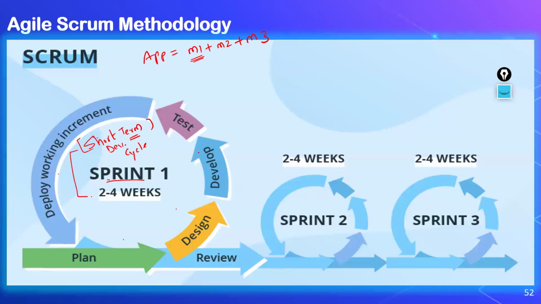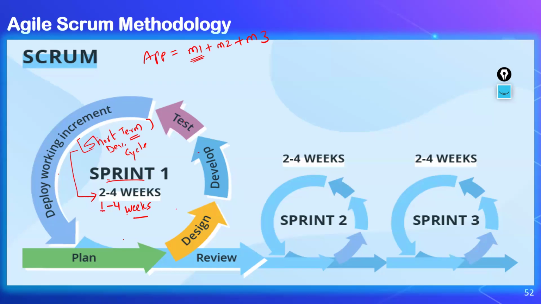That short duration could be as little as 2 weeks. Nowadays, they are even allowing 1 week. So it's going to be 1 to 4 weeks of duration. The ideal duration is 2 weeks, as practiced in the industry, but it's not necessary; depending upon your project requirements and how your organization works, you can even have 3 weeks or 4 weeks.